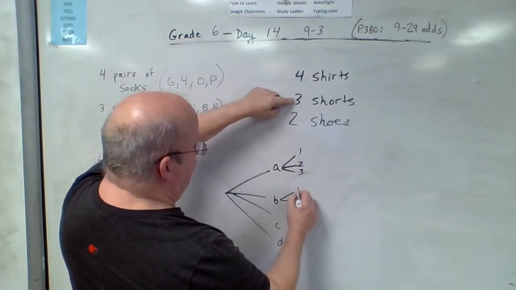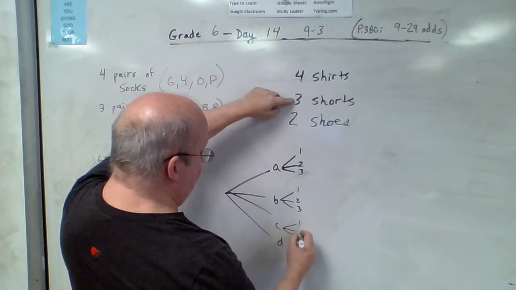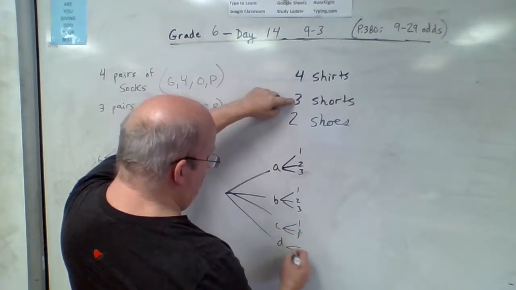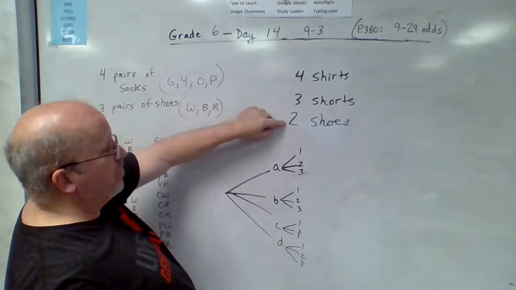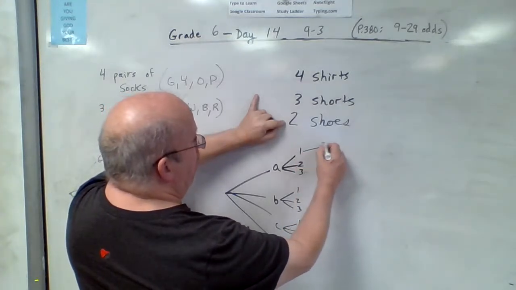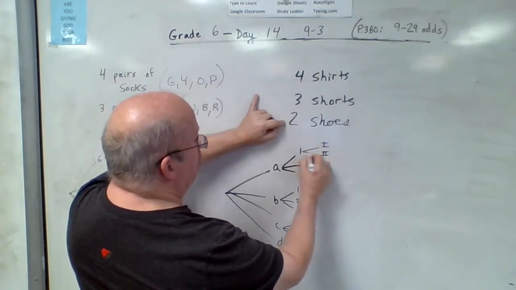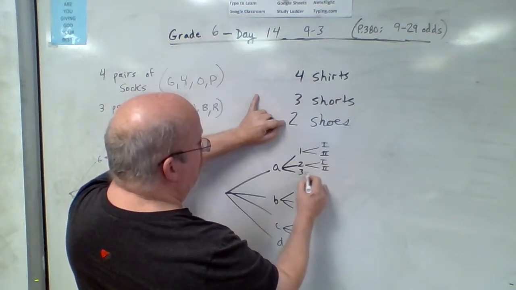Boy, this is starting to get a little complicated. What's going to happen in that next row? And then we have 2 different pairs of shoes. How am I going to represent that? How about a Roman numeral 1 and a Roman numeral 2 to represent the shoes?